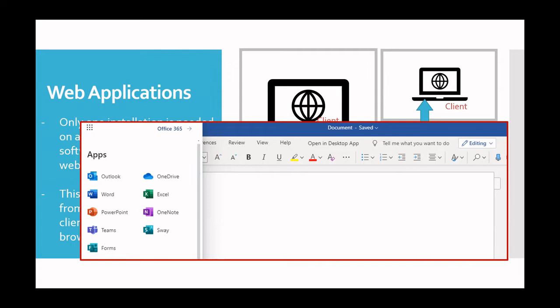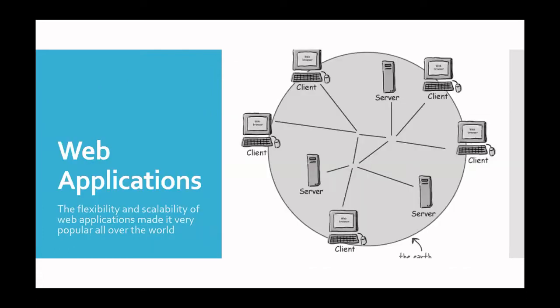If you tried both versions of Office, you will notice that the web version has some limitations, right? But the fact that it is very easy to install, that it's just one installation and everybody has access to that installation, made that web application very popular, even though it can be limited sometimes, but it made it very, very popular all over the world.